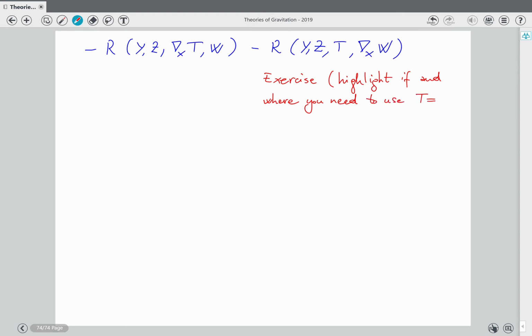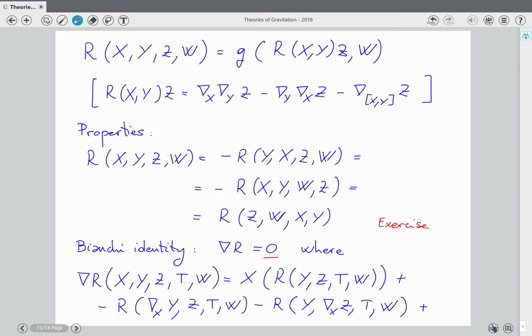t equals 0, the condition of the connection being torsionless, and the metric compatibility. I presume you need those because we wrote the other time the Bianchi identities in general, and there was the need to have vanishing torsion, to have 0 on the right hand side.